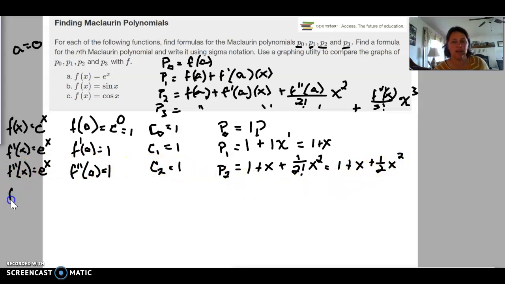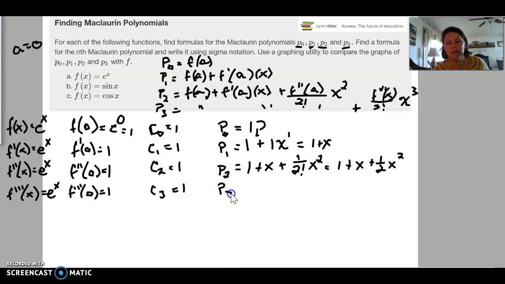And then our last one would be the third derivative of f of x, again, is equal to e to the x. Then plug in a, which in this case is 0. So our coefficient is still going to be 1.